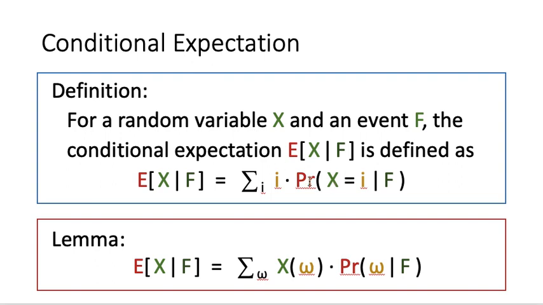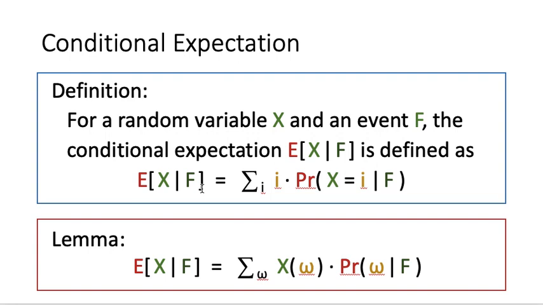In particular, the original probability that X is equal to i will now be the probability that X is equal to i given F. After this change in probability, we will have a new expectation, and this new expectation is denoted by the expected value of X given F. So this is just a very, very simple idea.